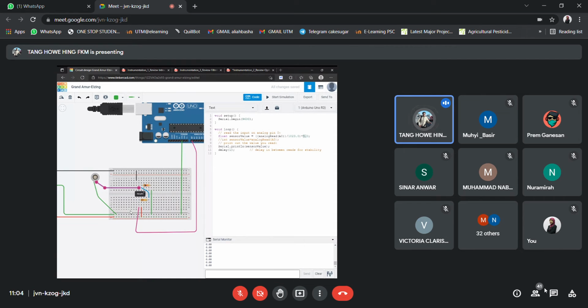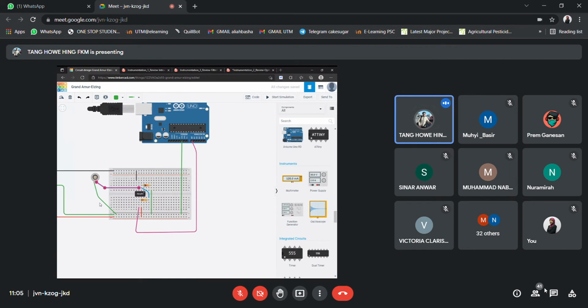The non-inverting amplifier over here is also not a very good way of doing this. So now we may also use another way, which is using the differential amplifier.